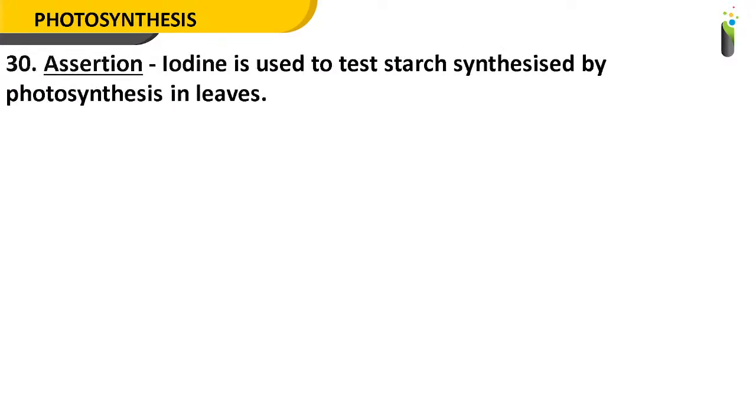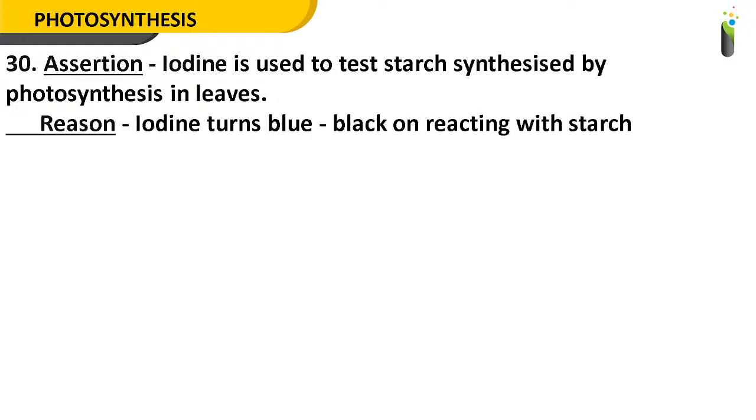Now coming to the last question for this session, which is an assertion and reasoning type of question. Assertion: Iodine is used to test starch synthesized by photosynthesis in the leaves. Reason: Iodine turns blue-black on reacting with starch.